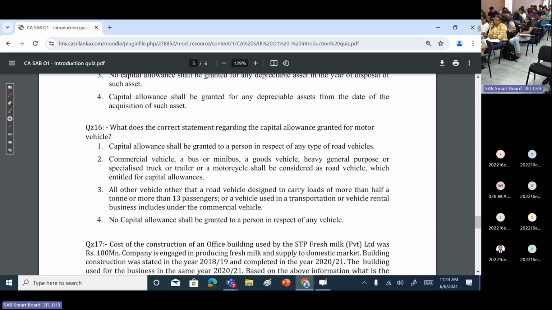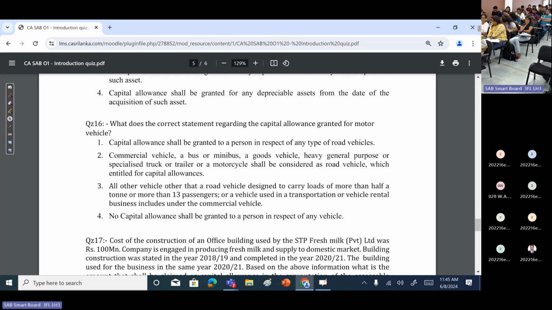All other vehicles other than a road vehicle designed to carry loads of more than half a ton or more than 30 passengers or the vehicle used in the transportation or vehicle rental business are under the commercial vehicle. Right? No capital allowances shall be granted to a person in respect of any vehicle. So correct. So this is correct. This is road vehicle. Right?